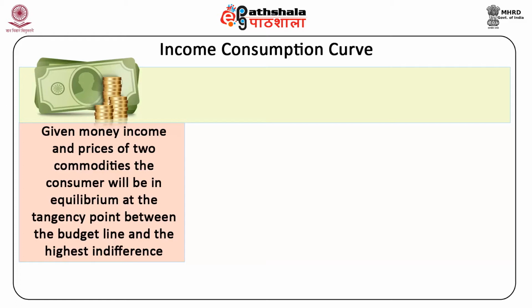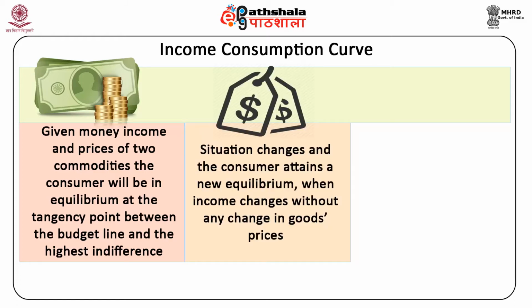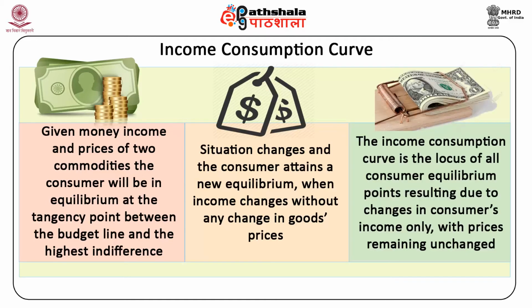Now, we will analyze how the situation changes and the consumer attains a new equilibrium when income changes without any change in goods prices. The income consumption curve is the locus of all consumer equilibrium points resulting due to changes in consumers' income only, with prices remaining unchanged.